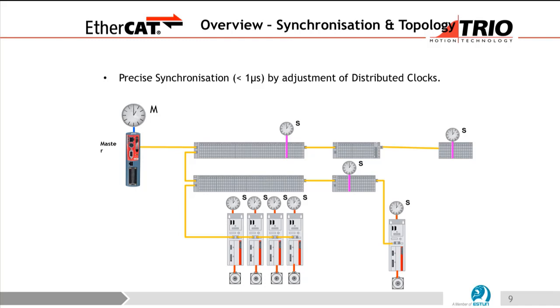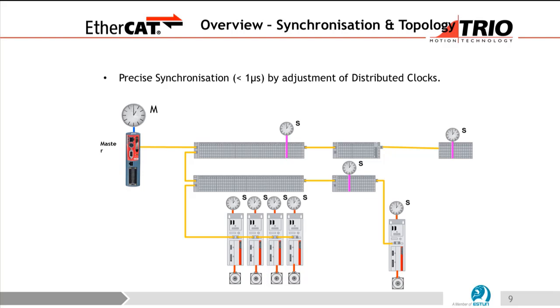This is what we talk about as the precise synchronization, which is lower than 1 microsecond by the adjustment of distributed clocks. When you are activating an EtherCAT network, the master tells the slaves, there are 4 states of EtherCAT. The initialization state tells me that I'm on this clock.